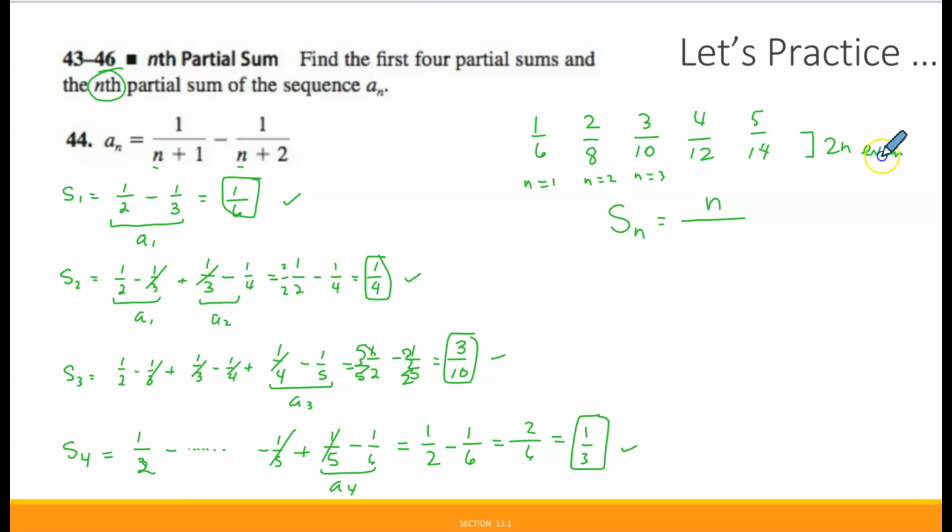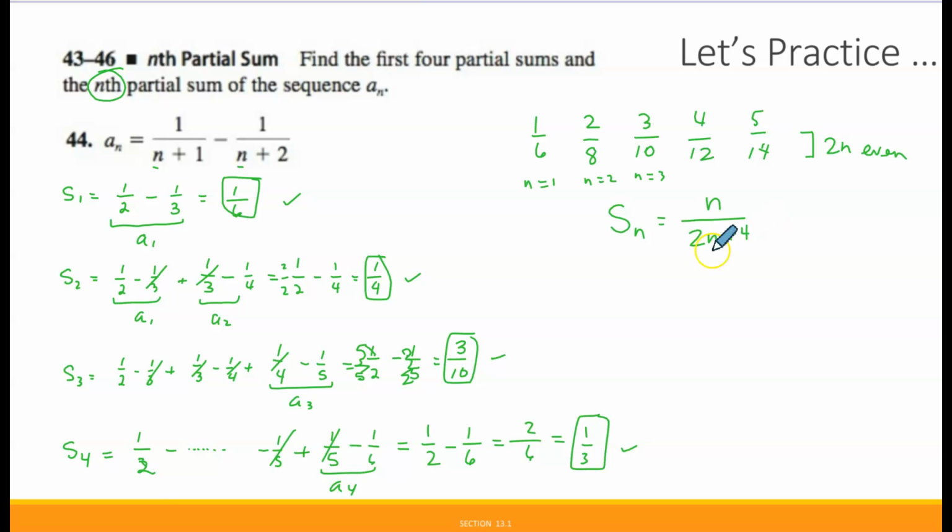Let's say n is 1, we get 2. If n is 2, we get 4. If n is 3, we get 6. If n is 4, we get 8. So this generates 2, 4, 6, 8, 10. We need to start that at 6. So what if we said 2n to generate the even numbers, but that gives us 2 and we need to be at 6, so we're going to add 4 to that.